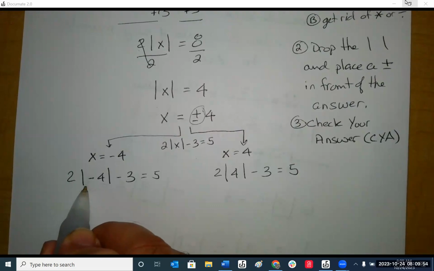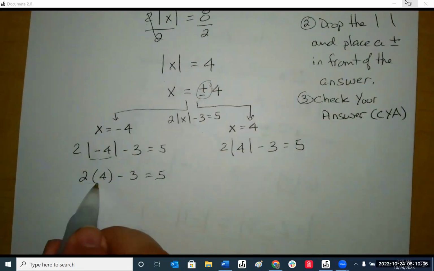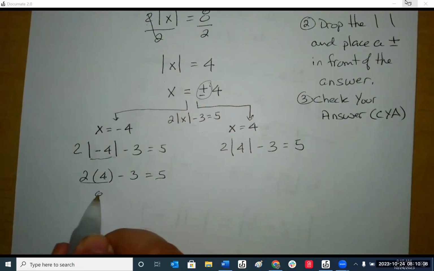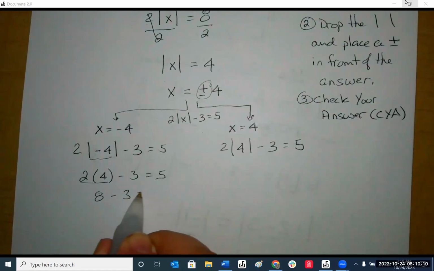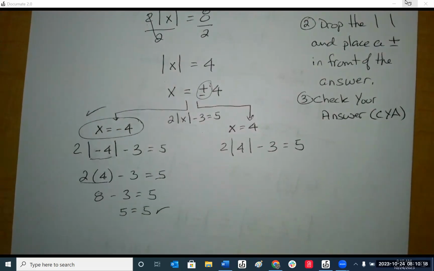Order of operations, do absolute value first. So absolute value of -4 is 4. Multiplication first. 2 times 4 is 8. 8 minus 3 is 5. So that's a good answer. -4 is a good answer.